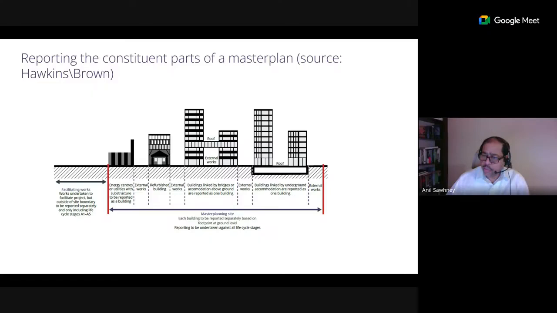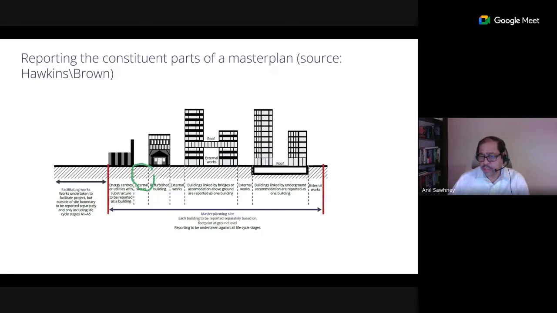So when you have a building that is connected by this underground structure, you're going to show it together. When you have two buildings that are connected by an above ground structure, you're going to report them together. So in this case, you have 1, 2, 3, 4, 5 building level assessments. You have a common facilitating works, which would be basically all the utility connections.